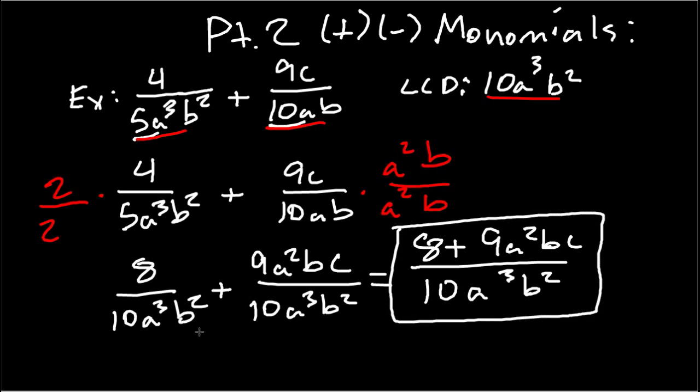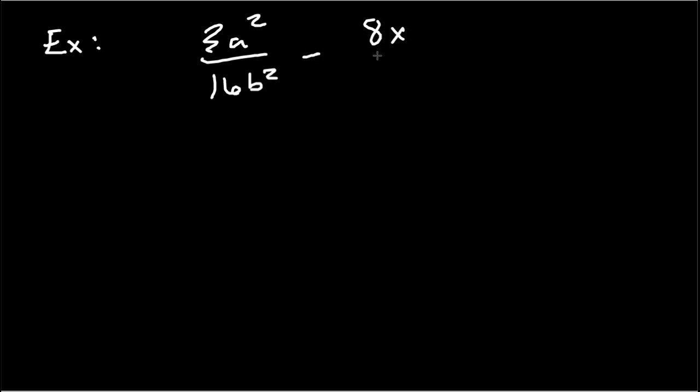Now, let's do another example of this. Let's say in this example, we've got 3a squared over 16b squared. Let's subtract this time. Let's say 8x over 5a cubed b.